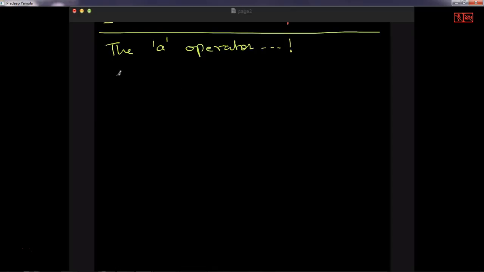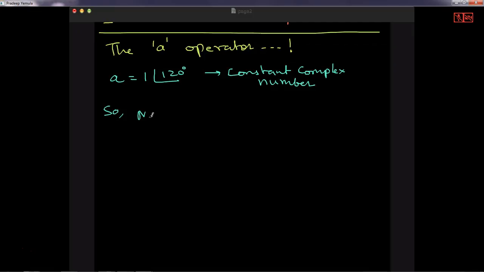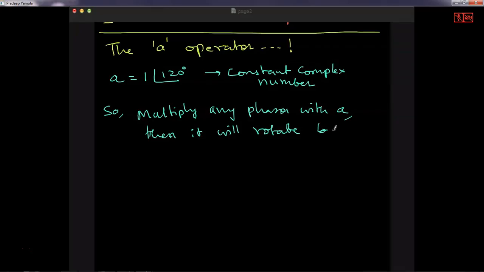Take A equal to 1 angle 120 degrees. This is a constant complex number. Multiply any phasor with A, then it will rotate by 120 degrees. So take an example.